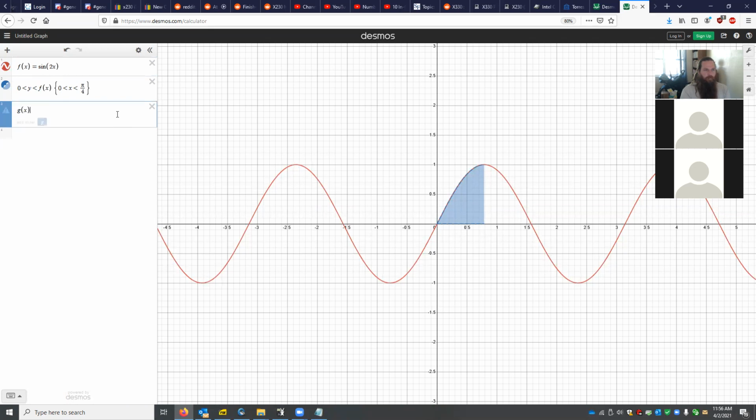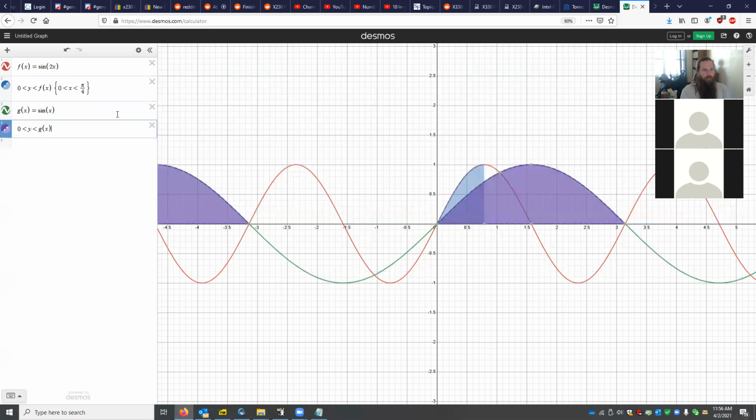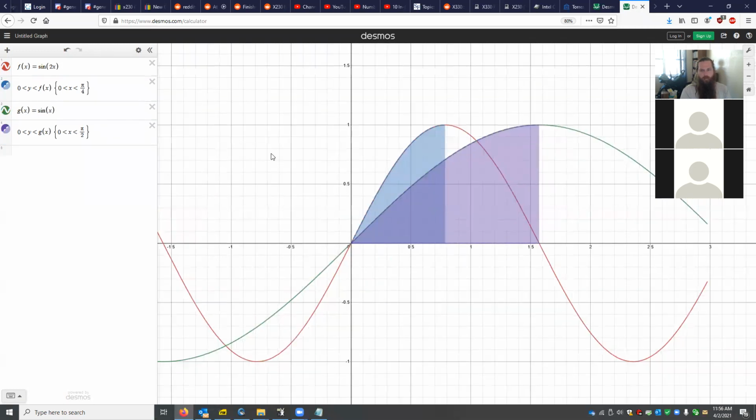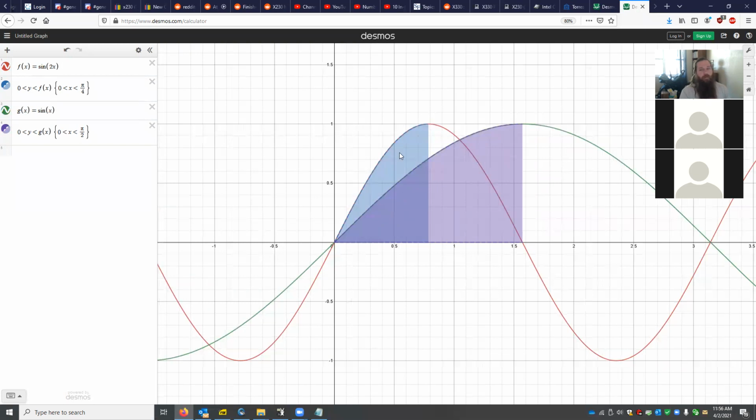So if I think of a different function, g of x just sine of x, and I look at the region here, the purple region here is not the same as the blue region. These are different. But if you were to remember, sine of 2x is what you get when you take sine of x and you just squish it down by a factor of 2.